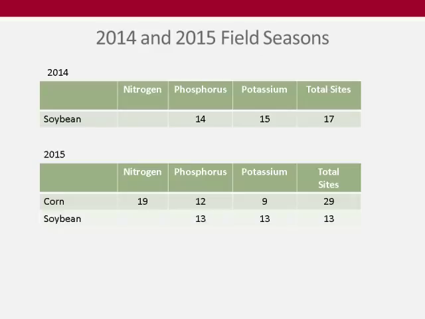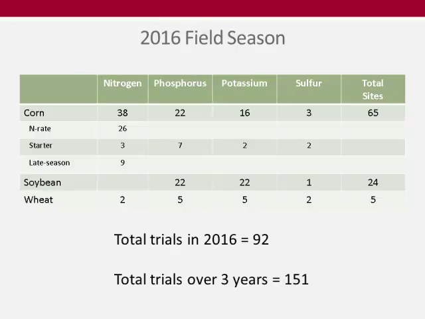All right, so in 2014 and 2015, we started with soybeans the first year, then moved to corn. Here are our nutrients N, P, and K, and then total sites. In 2016, our field season really exploded, which was great to see.